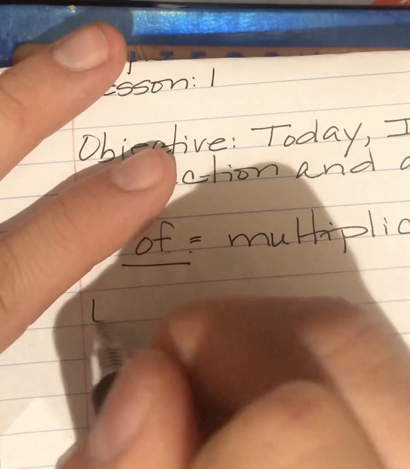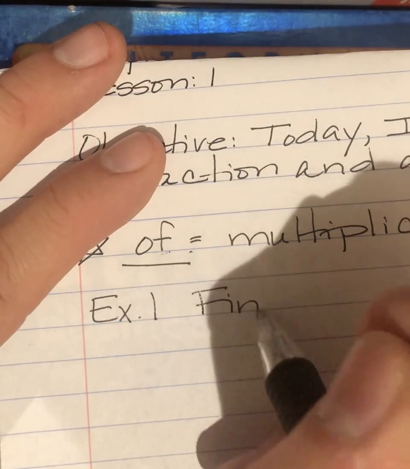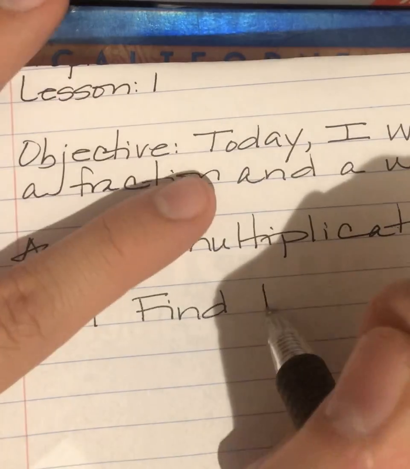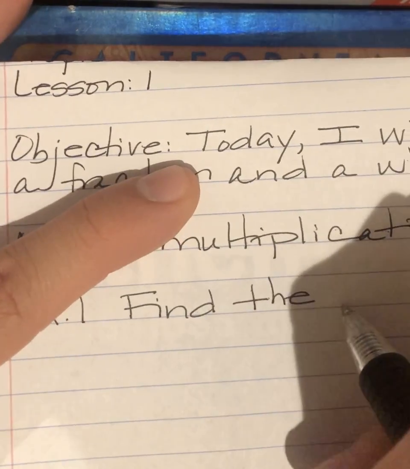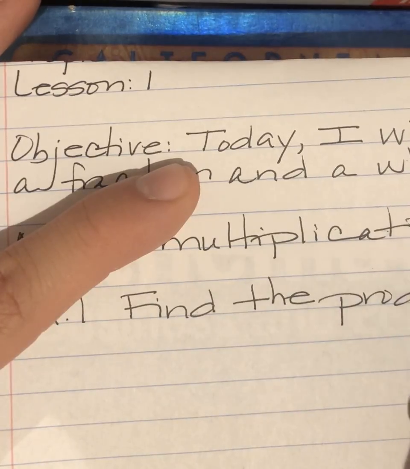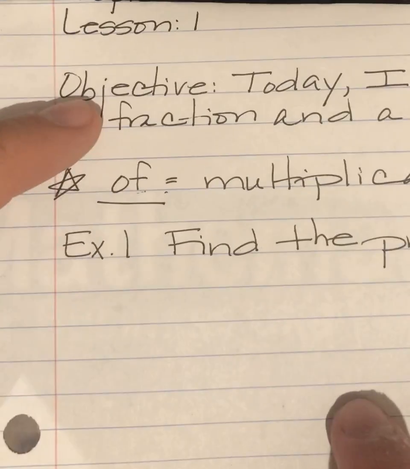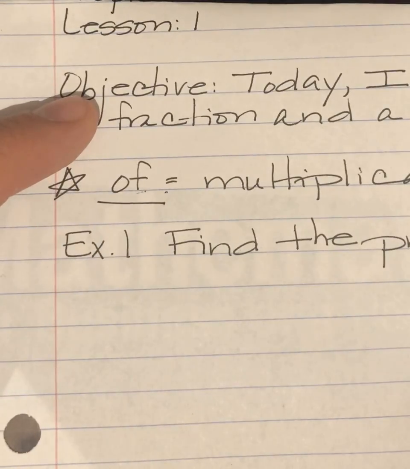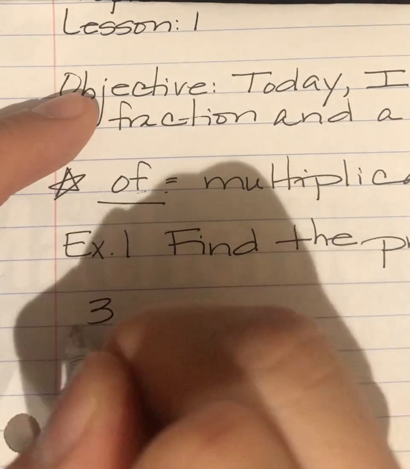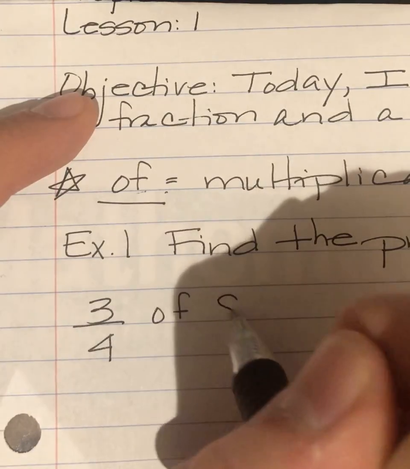So here's my first example. Example 1, find the product. So we are multiplying. Our first example will be 3 over 4 of 8.